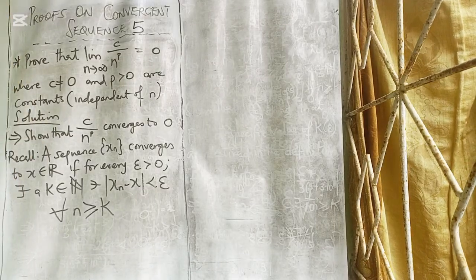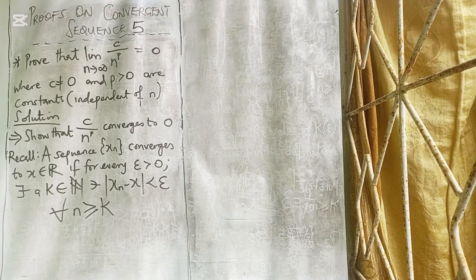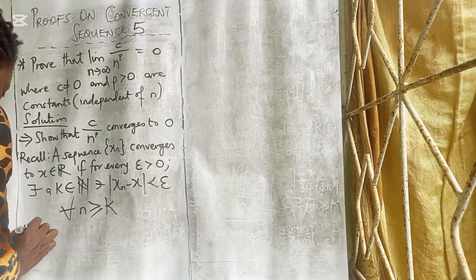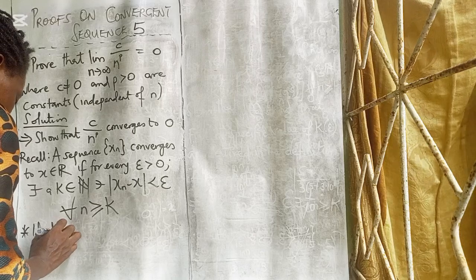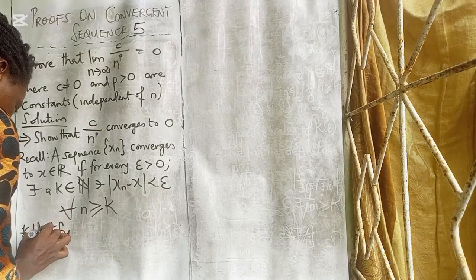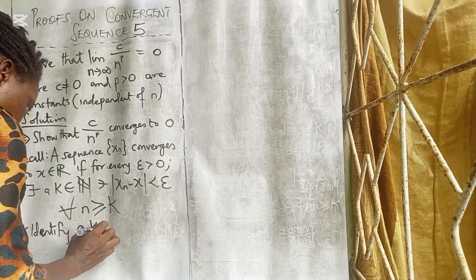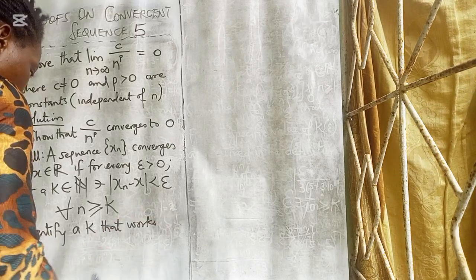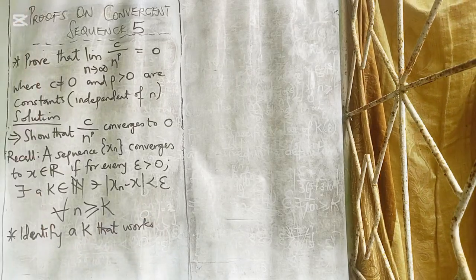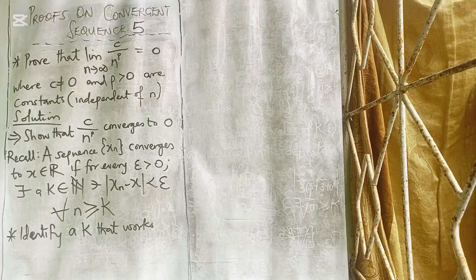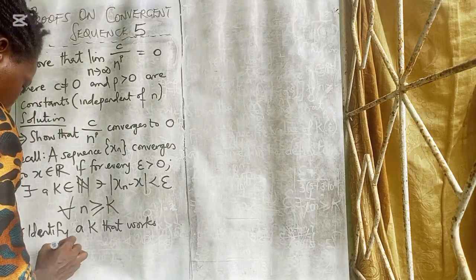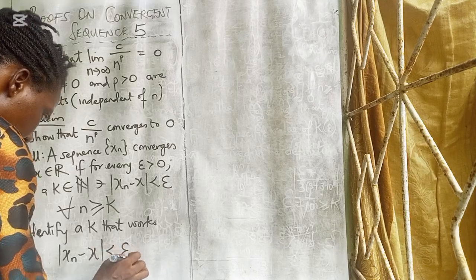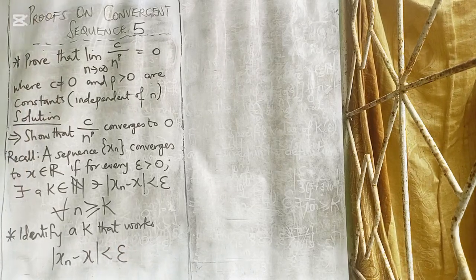And as I have been saying from the previous videos, the first thing we need to do is to try to identify a k that works. You want to identify a k that works. In order to do that, you begin from there. Xn minus x is less than epsilon.